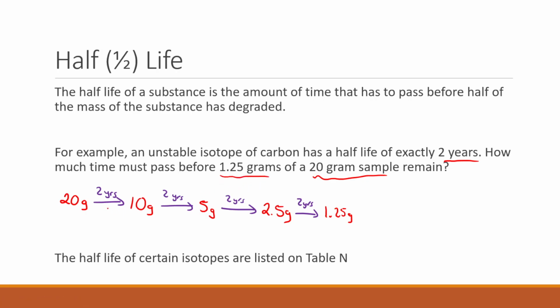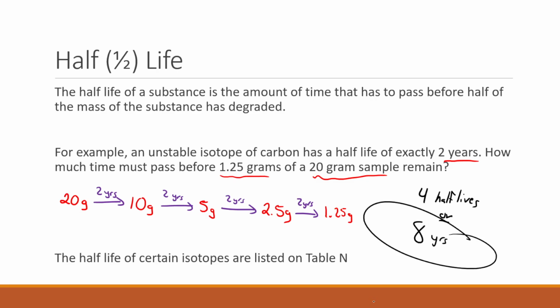That took 1, 2, 3, 4 half-lives. Right, 4 half-lives. Or 8 years, right? Because each half-life is 2 years. Since they asked us how much time has passed, we're going to pick 8 years as our answer. Sometimes the question is how many half-lives have gone by, and then it's 4 half-lives.